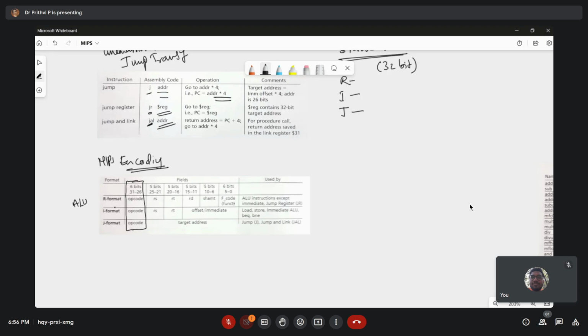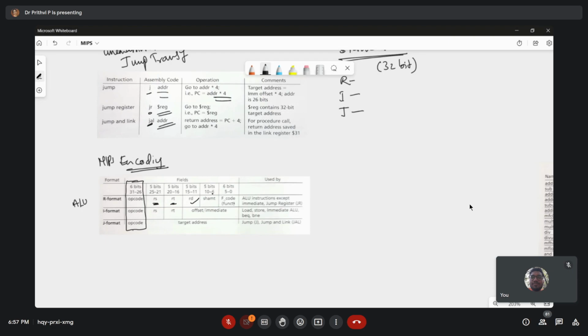R format has three register fields. Of these three registers, one will be the destination register, and two will be the source registers. These two will be the source registers, and this will be the destination.